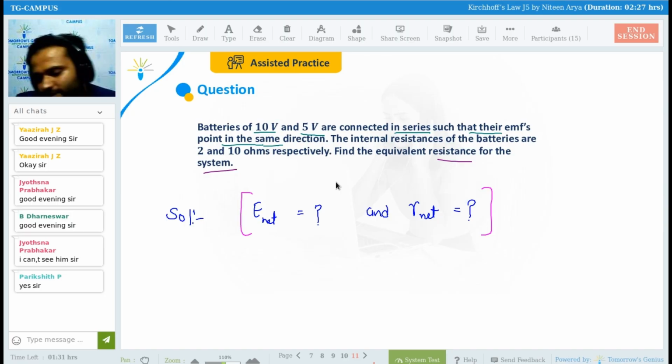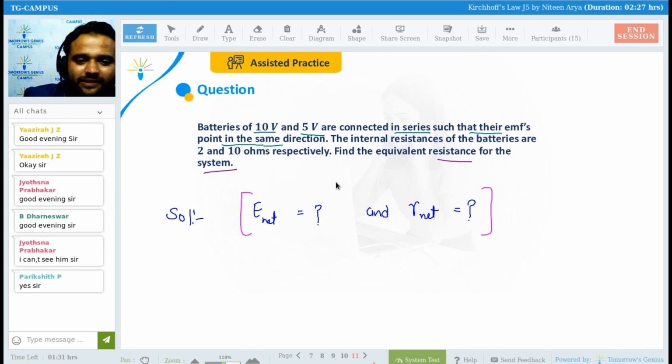Explain the question to each particular student and to me also. Go ahead, beta. Parmeshwar, Kritika, Darshan. Are you there or not? Okay, I'll explain it to you. I don't know where she is.